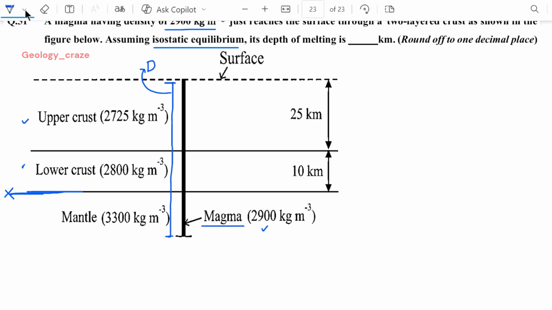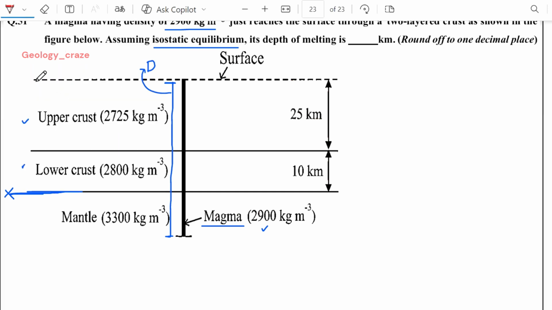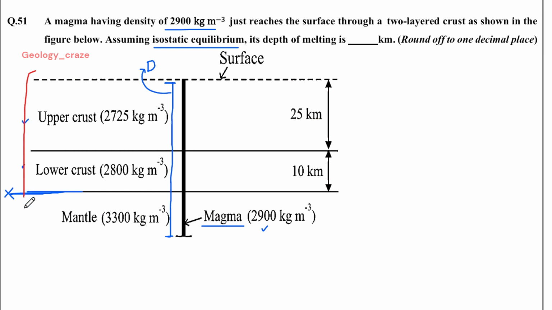Magma is intruded in all these three layers. So it means we have to find the equilibrium, balancing these three layers with the magma.